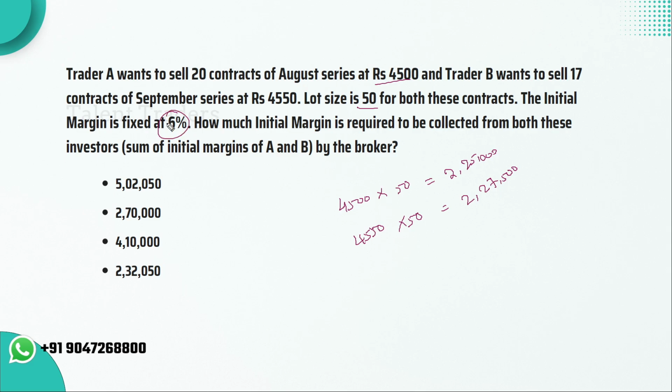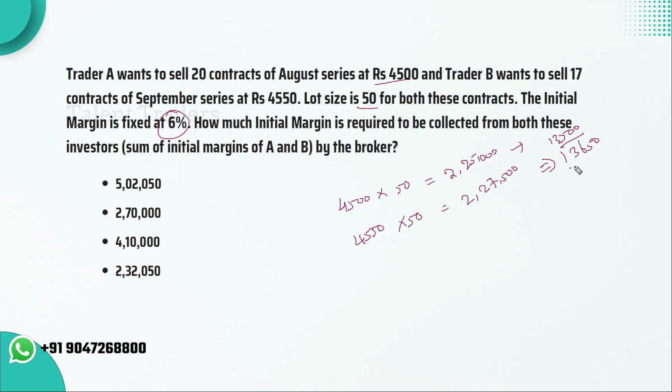For the 6% margin, it is 13,650 per lot for the second, and for 2,25,000, the 6% margin is 13,500.